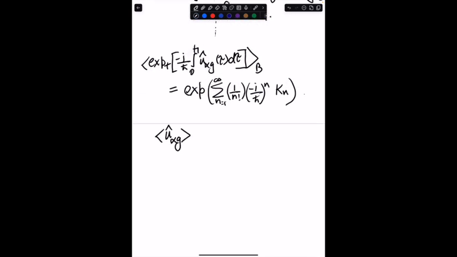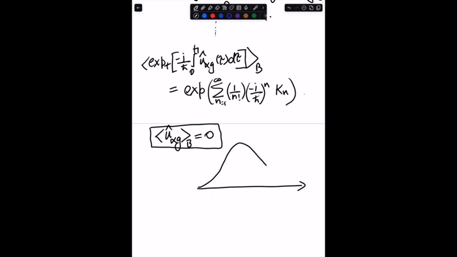So this is the average fluctuation in transition energy, and then this is the average transition energy of the ensemble.